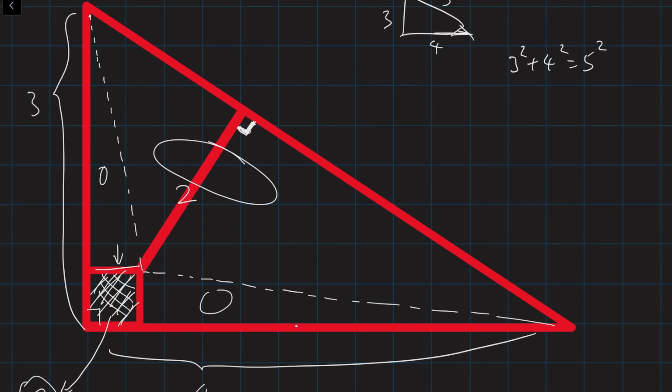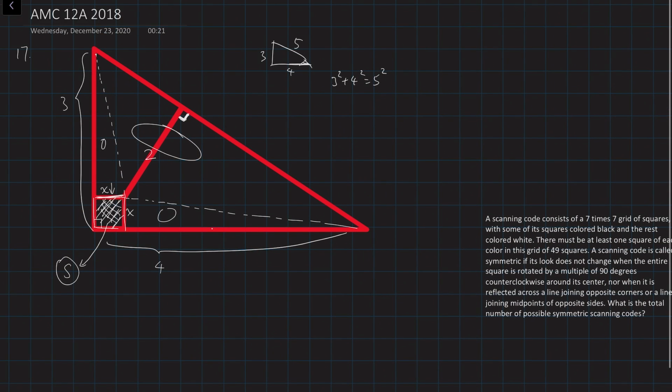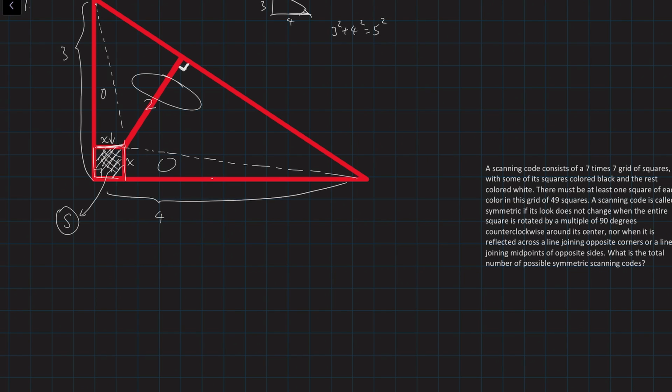The first one, I'm going to set the length here as x. Since this is a square, this should also be x. So the whole area should be 3 times 4 divided by 2 equals 6 units.